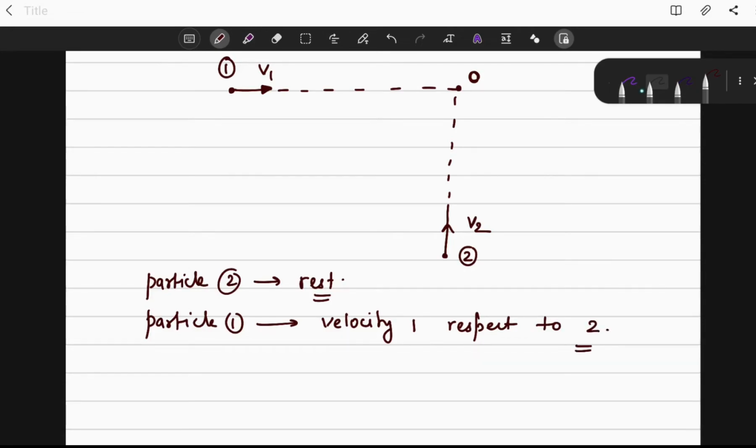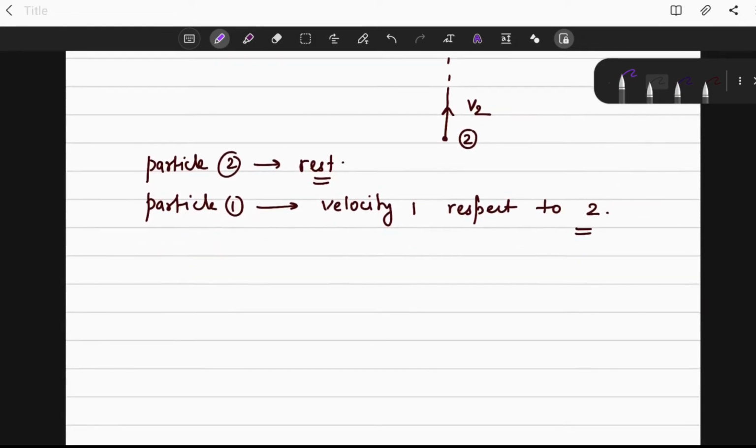For example, we have the velocity of particle 1 in this direction and the velocity of particle 2 in this direction. This is the velocity of particle 1, this is the velocity of particle 2, and if we write the velocity of 1 with respect to 2, then what can we write?